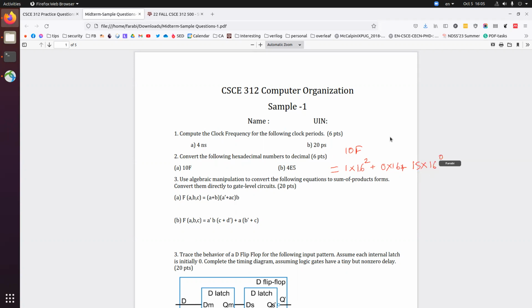So 16 squared is 256. Is that correct? Yes. And then we have 0, and then we have 15. So that's the number you will have for 1 0 F in decimal.